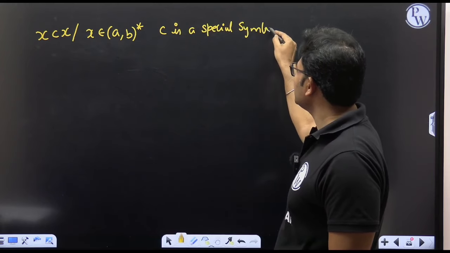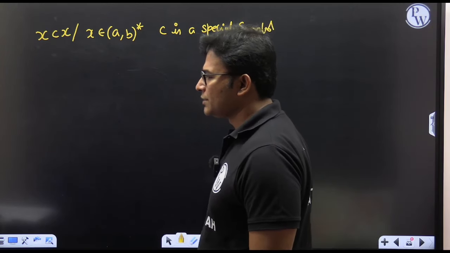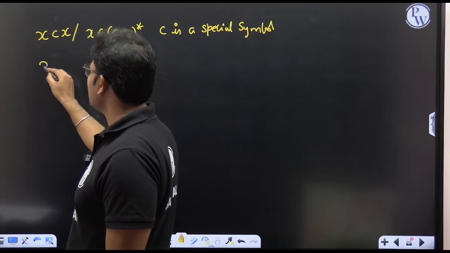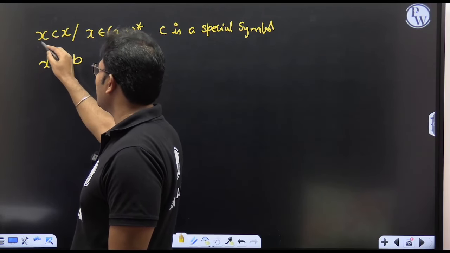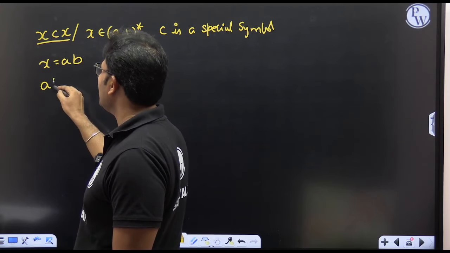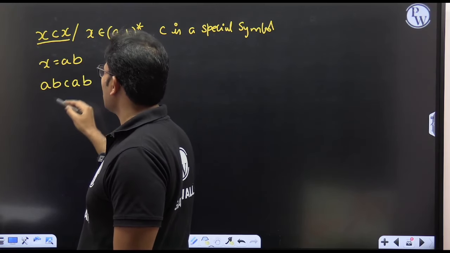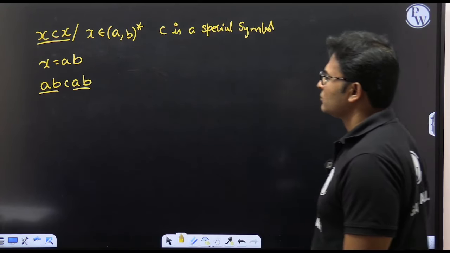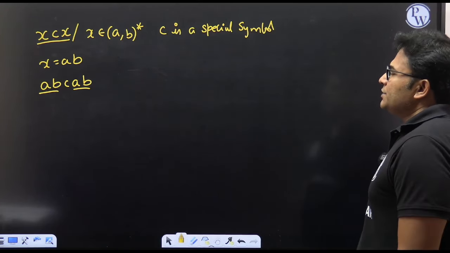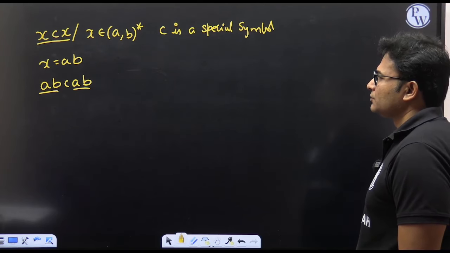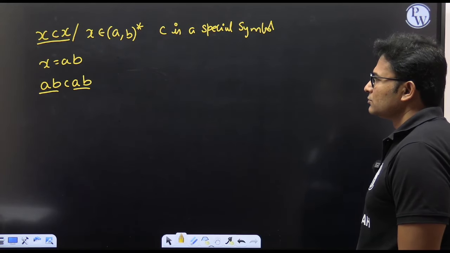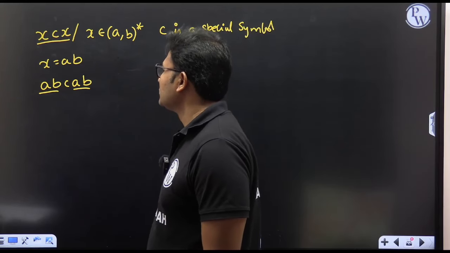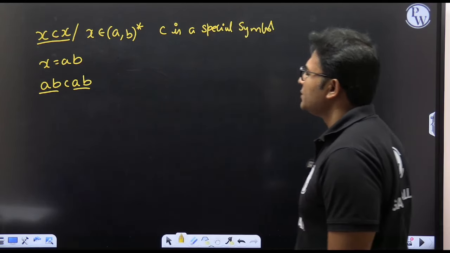For example, if x equals ab, what will this become? ab c ab. It will become ab c ab.